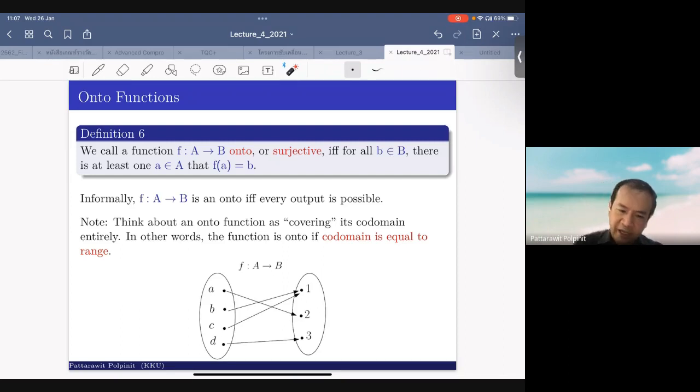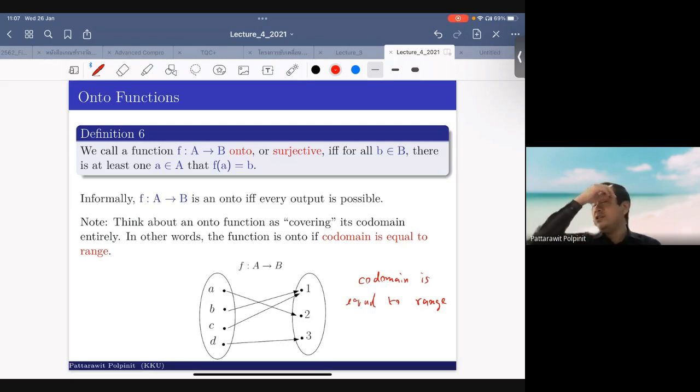Or you can also say that codomain is equal to range. Okay, codomain will be equal to range if it's an onto function.